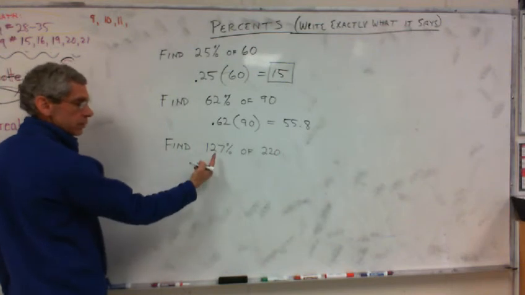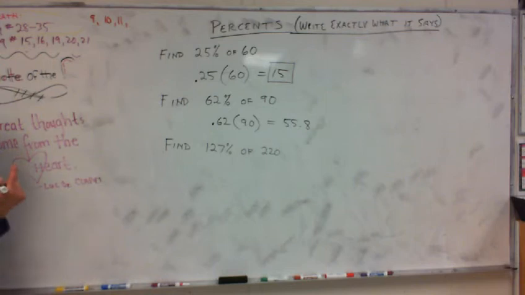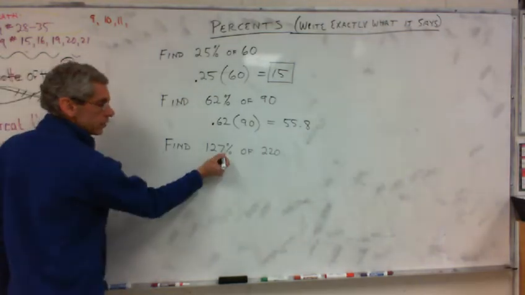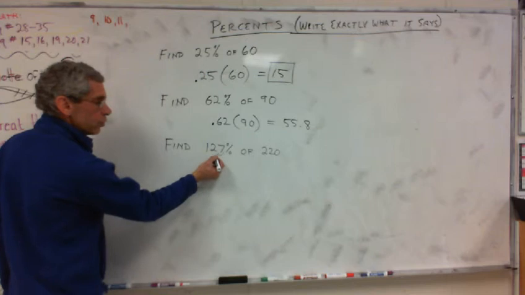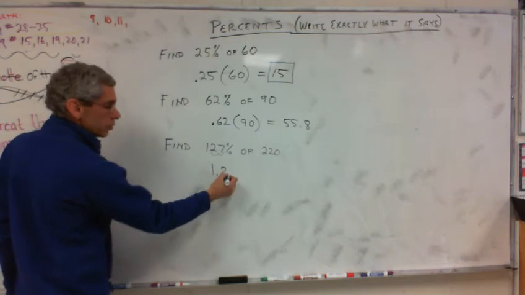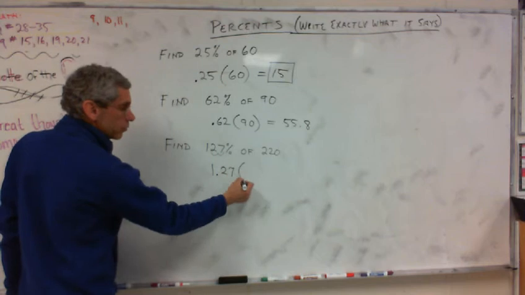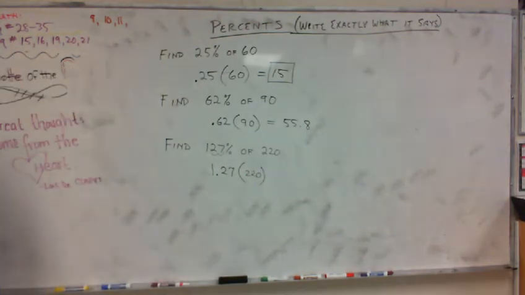How do you change a percent to a decimal? You move it over how many spaces? Right now there's a decimal here. You move it over 2. So it's going to be 1.27 times 220. Who's got the calculator?